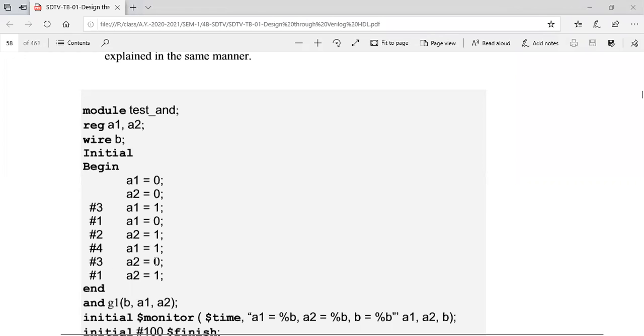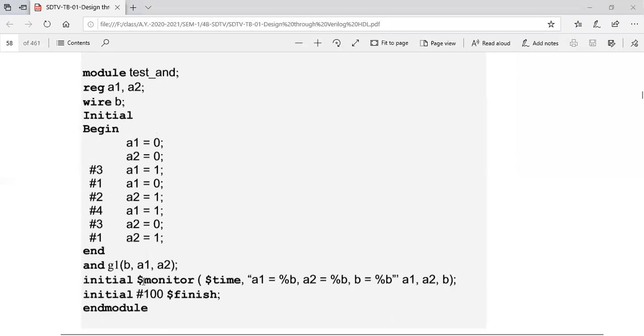Next we are verifying 1 and 0. After giving A2 input as 0, we run that value for 1 time unit. Then once again we are making A2 as 1 here. You can clearly understand this here.